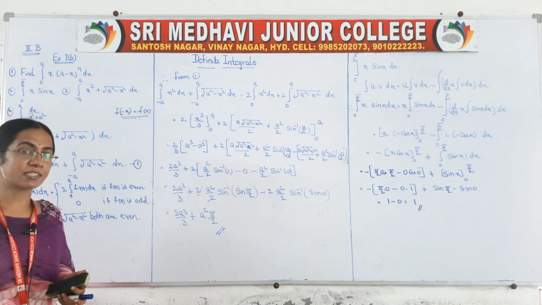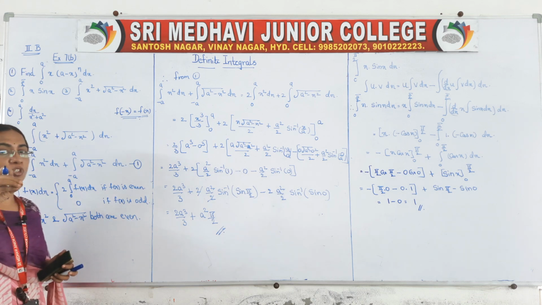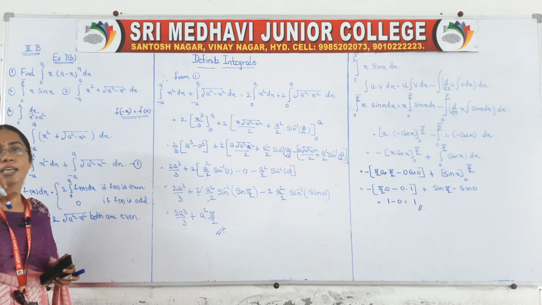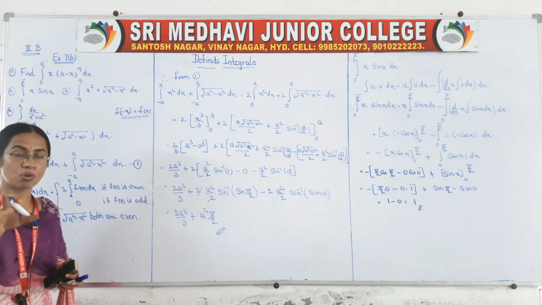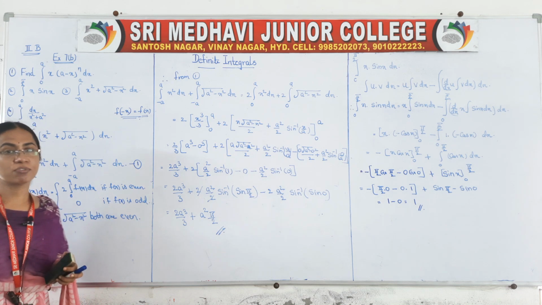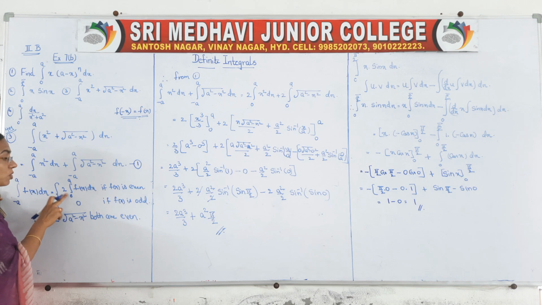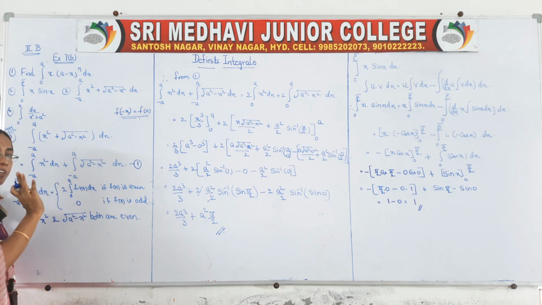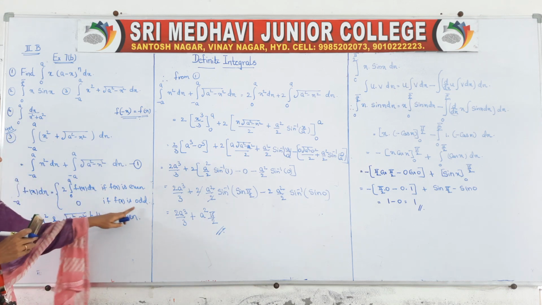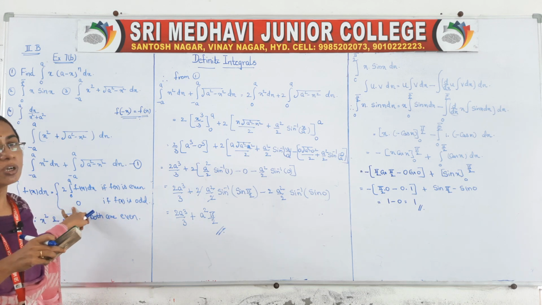Suppose it changes, then it is not even function, it will be odd function. If it is even function, that value will be 2 times of 0 to a f of x dx. Suppose it is odd function, we will consider the entire value equal to 0.